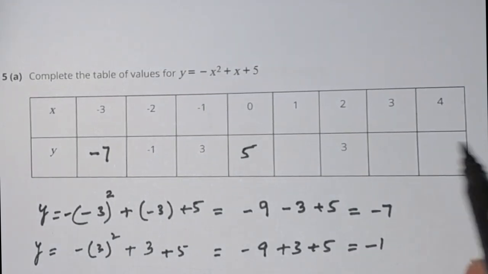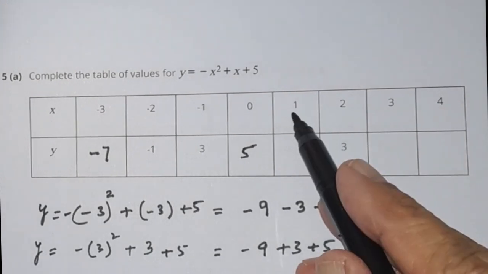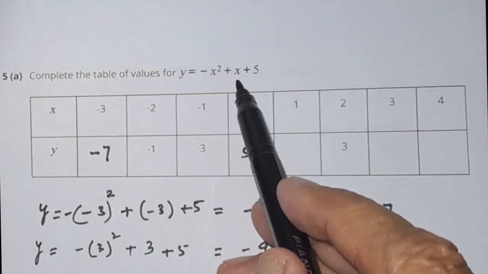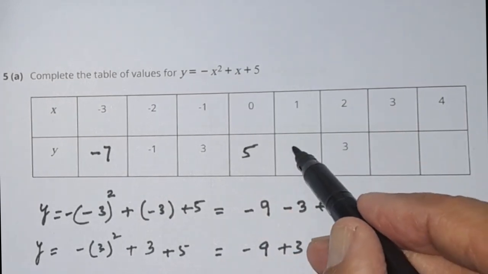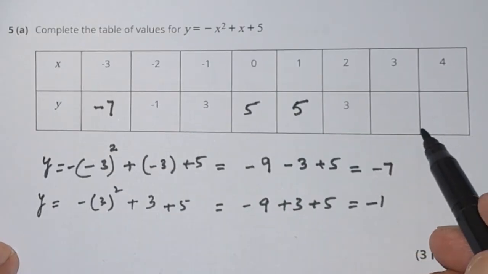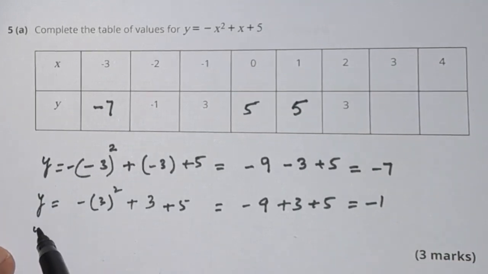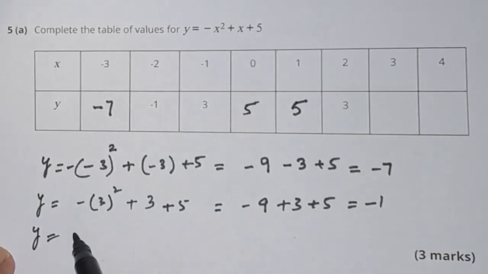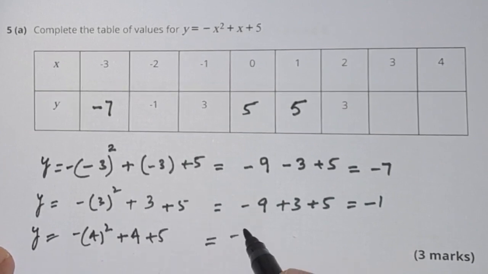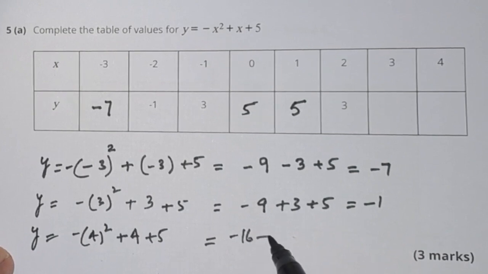And if x is equal to 1, this will be minus 1, this will be plus 1, cancel, this will be 5. And then y for x equal to 4: minus 4 squared plus 4 plus 5 is equal to minus 16 plus 9, is equal to minus 7.